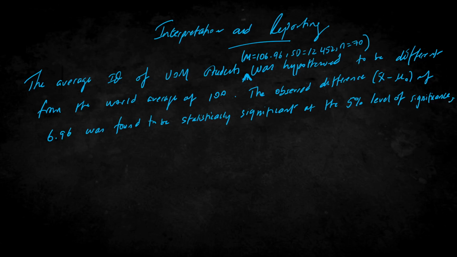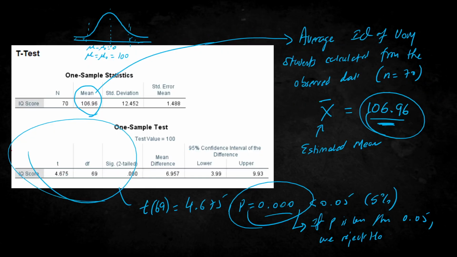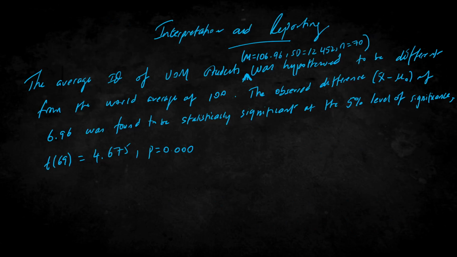And at this point, you might want to report the t-statistic. So we can say t69 is equal to 4.675, and you get a p-value which is 0.000. So that's the t-value here, and that's the degrees of freedom, 69 here, and p is 0.000, which is less than 0.05, our significance level of 5%.